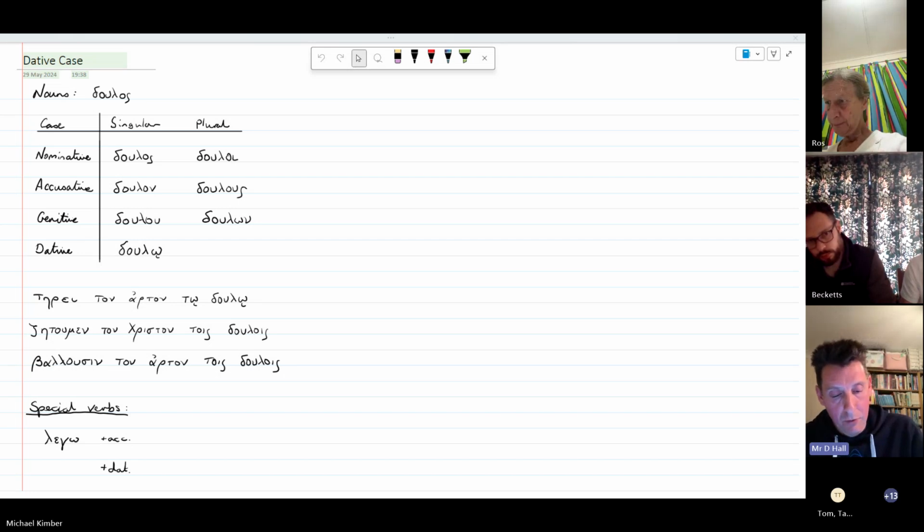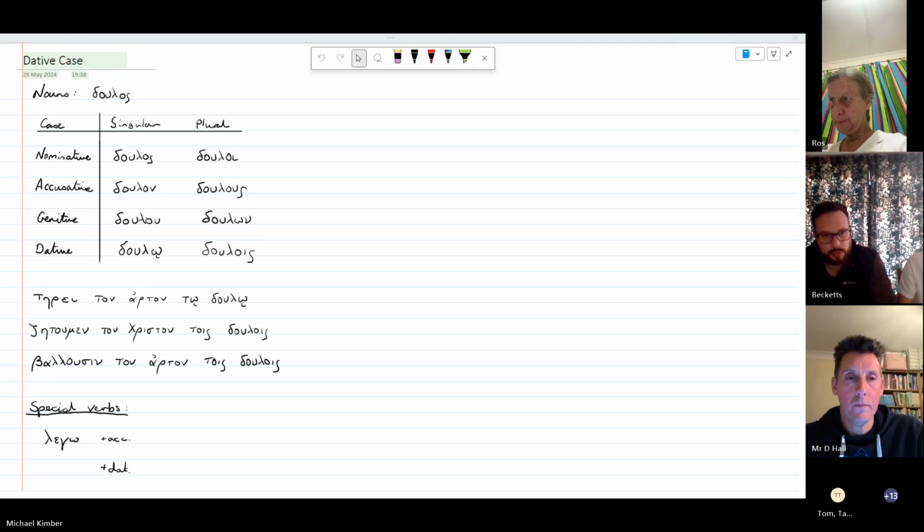And then the plural is just doulois, so it's omicron iota sigma, and so that pretty much completes the main group of endings that you'll see when looking at these particular nouns.